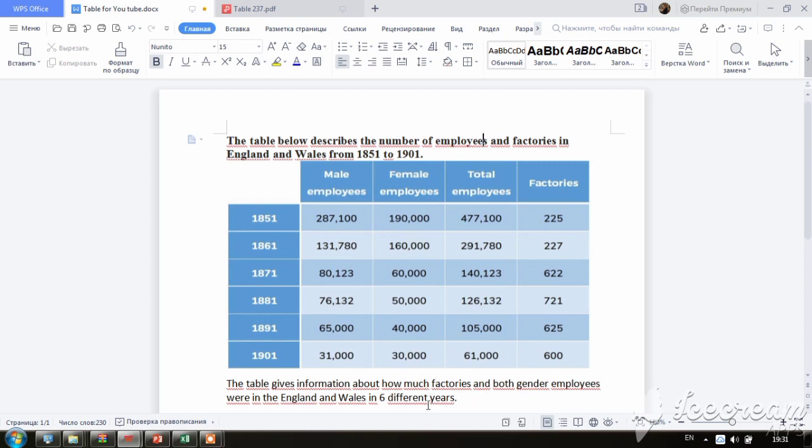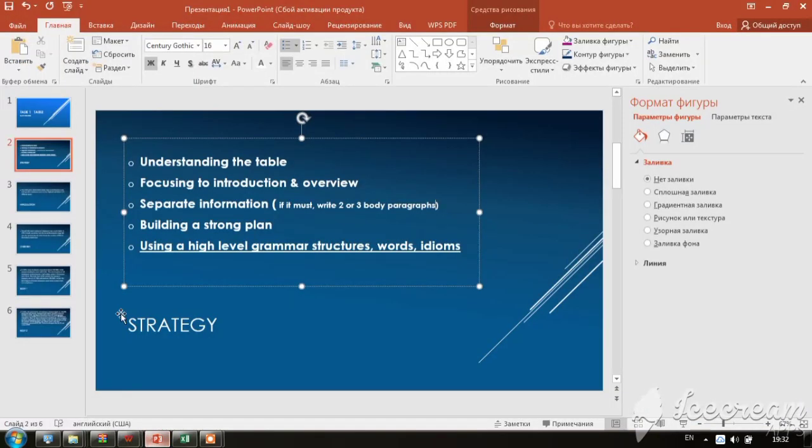Let's try again. Sorry about that. All numbers dropped from year to year, which led to a decrease in total employees. But factories increased to high numbers until 1881.